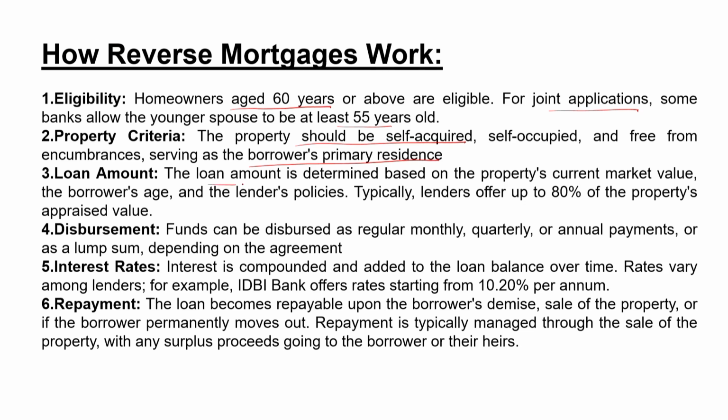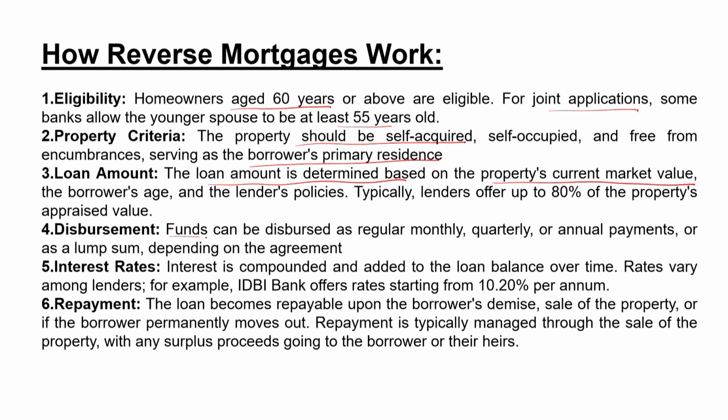The loan amount is predetermined on the basis of the property's current market value. Suppose the property is worth 1 crore rupees, then 80% of the property's appraised value can be given as loan. So in such a case 80 lakh rupees will be sanctioned as loan, and equal monthly payments will be made to the borrower by the bank.